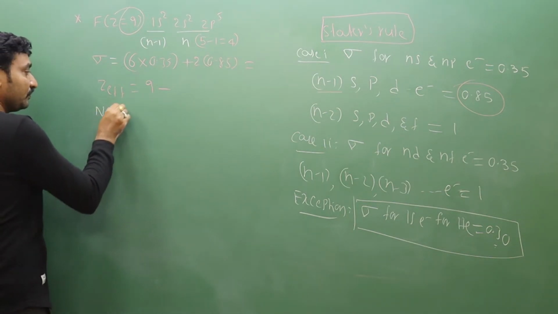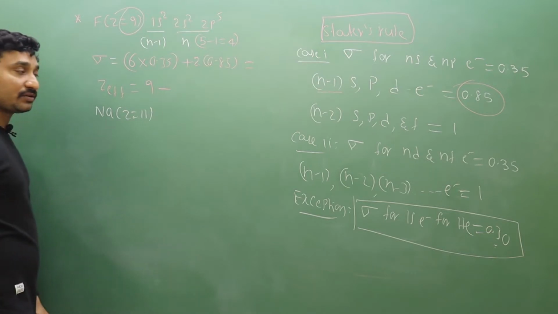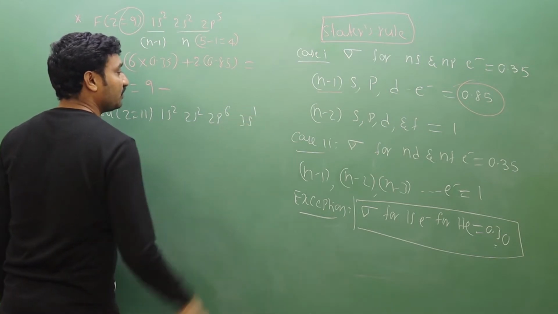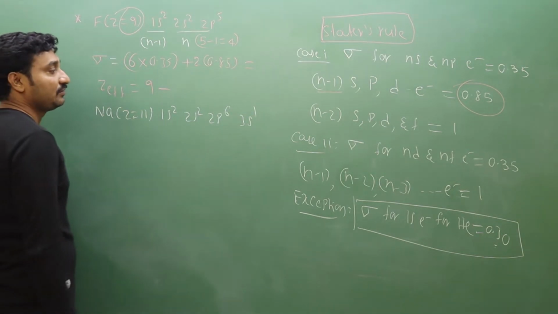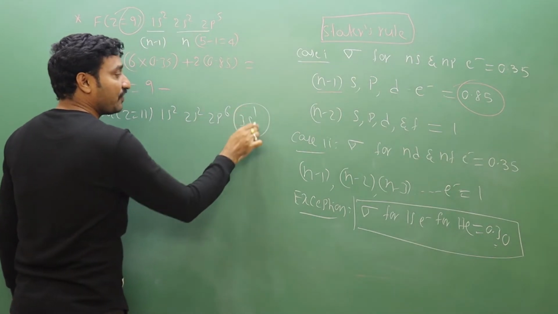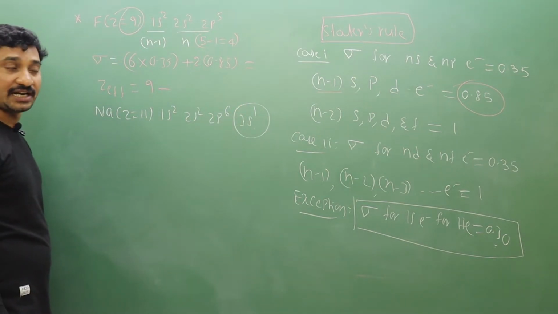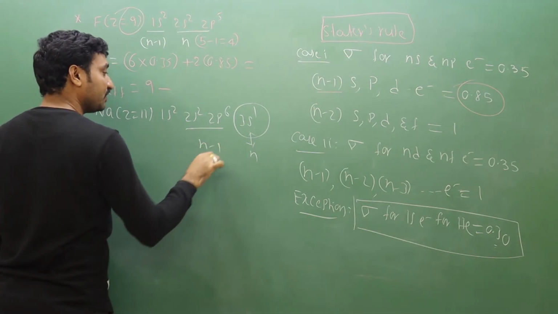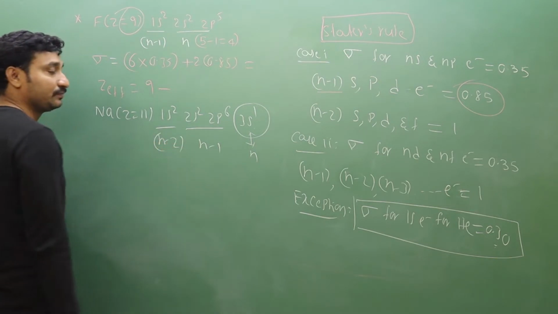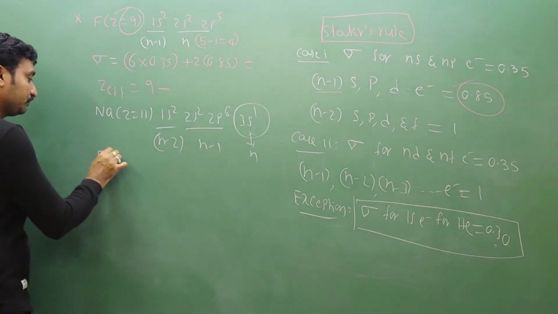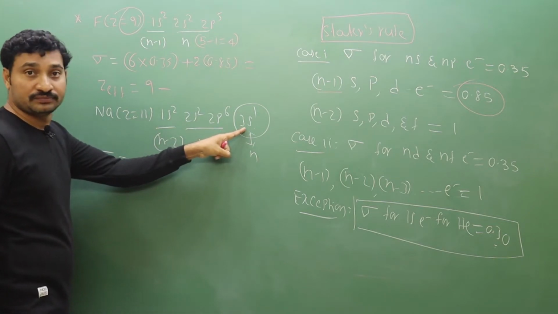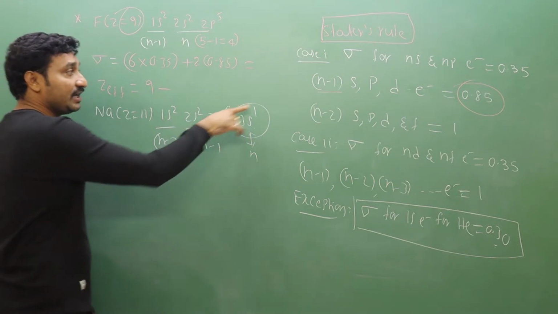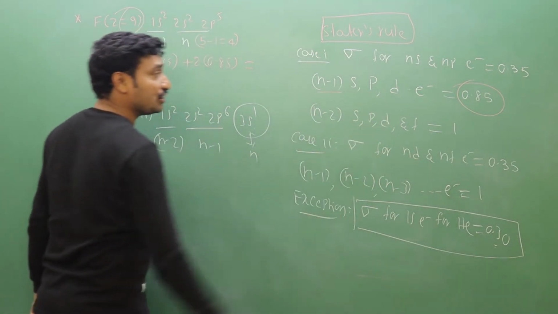Sodium, atomic number 11, electronic configuration 1s2, 2s2, 2p6, 3s1, right? Now you can calculate sigma for the 3s electron. You exclude this one. So this is the nth shell, this is n minus 1, and this is n minus 2. We are calculating sigma for this electron. Now in n minus 1, s, p, d electrons 0.85, right?